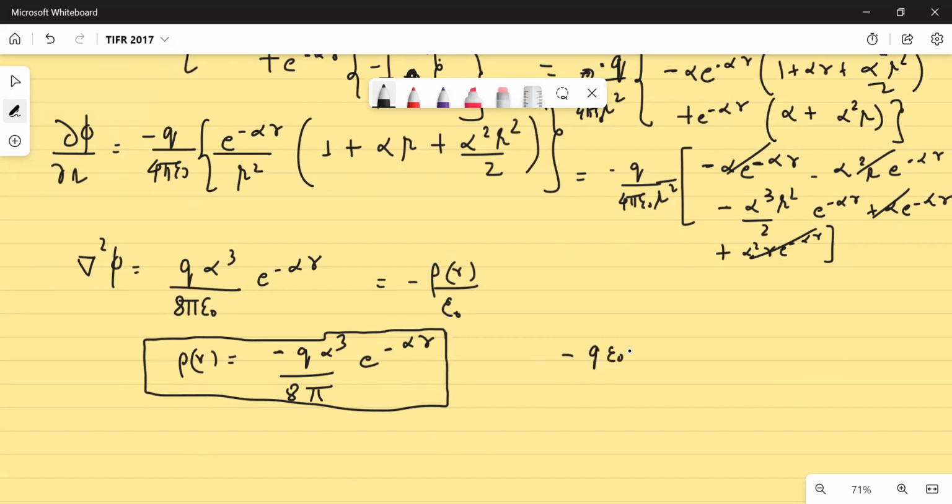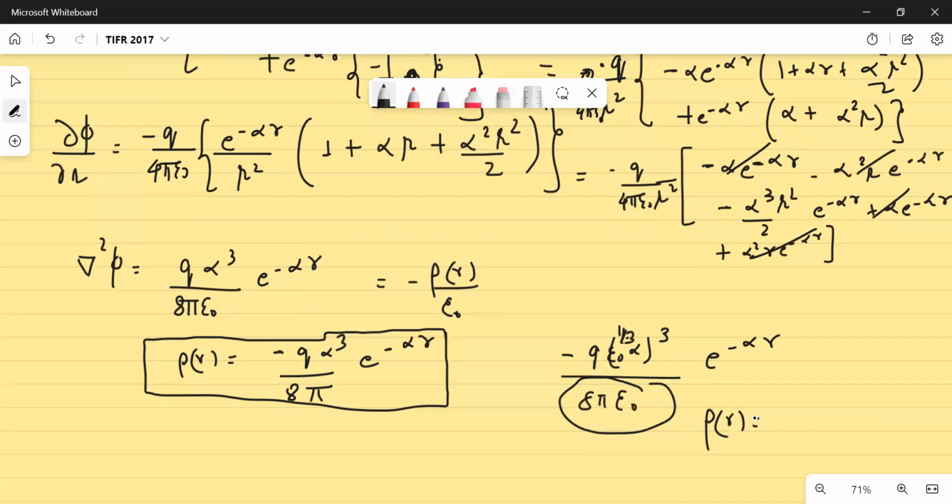You just multiply epsilon naught and absorb this epsilon naught into this constant. And if you absorb this in this constant, what will happen? This in CGS will become 2. So overall, this will be your charge density, which gives rise to the potential given above.